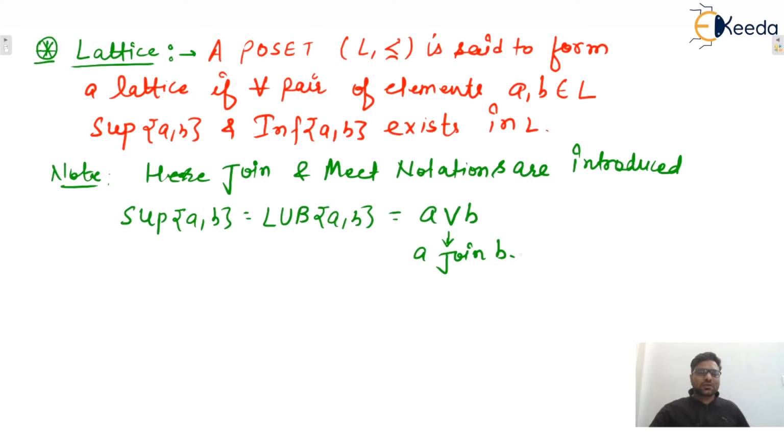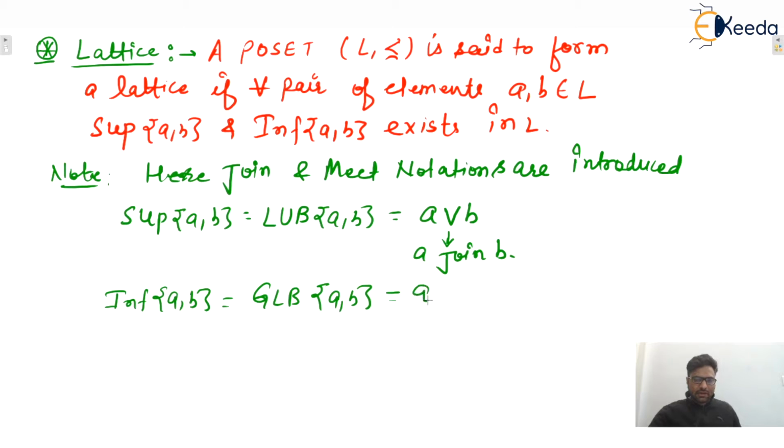This notation is also used here, and it means the least upper bound of a comma b. Similarly, infimum of a comma b can be written as greatest lower bound of a comma b, and that can be written like that also, a and b, which means meet.